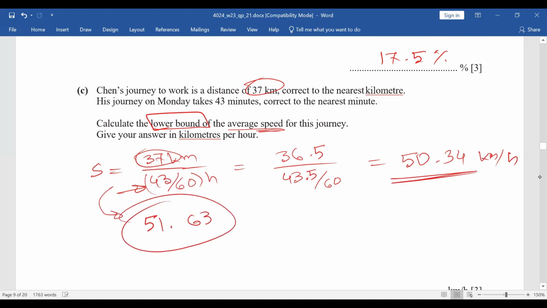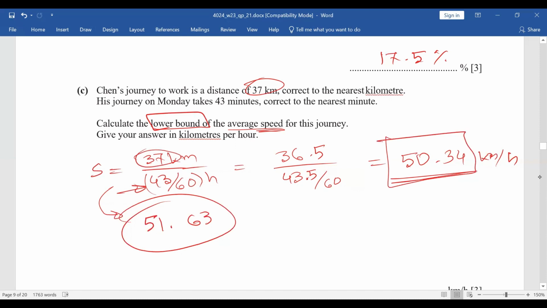So what does 50.34 represent? It is the lower bound, as the 37 kilometers and the 43 minutes are correct to the nearest kilometer and nearest minute. So the lower bound will be 50.34.